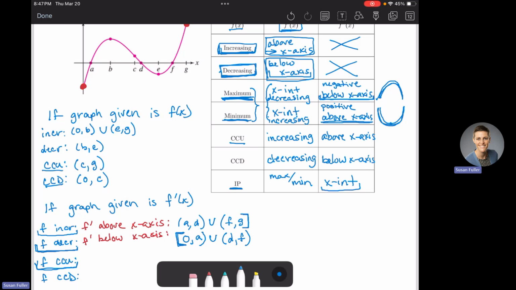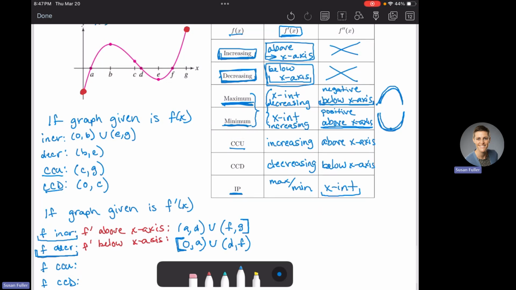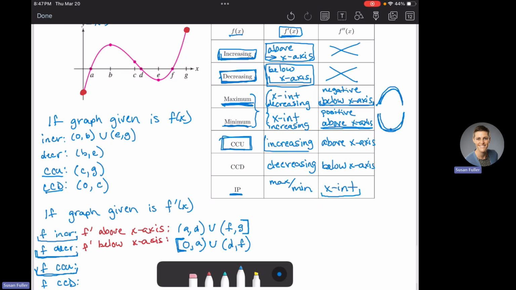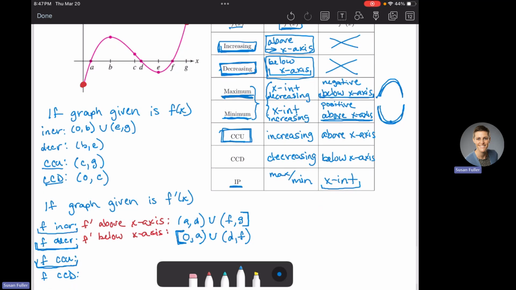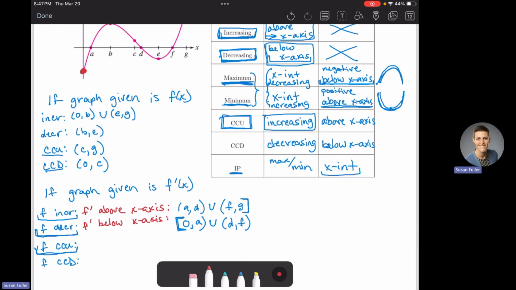I can't see my OG, so I have to rely on the table and connect it to what I can see. So if my OG is concave up, that means the one I can see, f prime, has to be increasing. So where my OG is concave up, I'm looking for where my derivative is increasing.